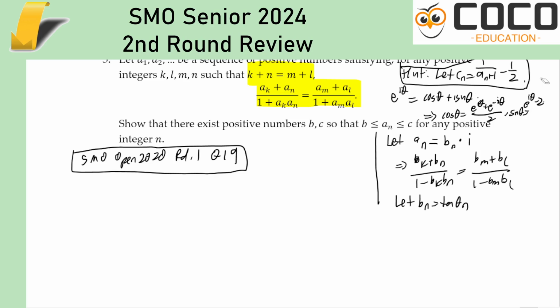So it's e to the i theta minus e to the negative i theta over 2i. And then tangent would be the quotient.